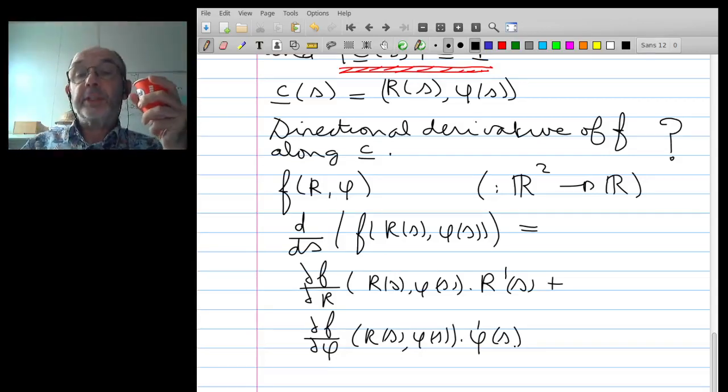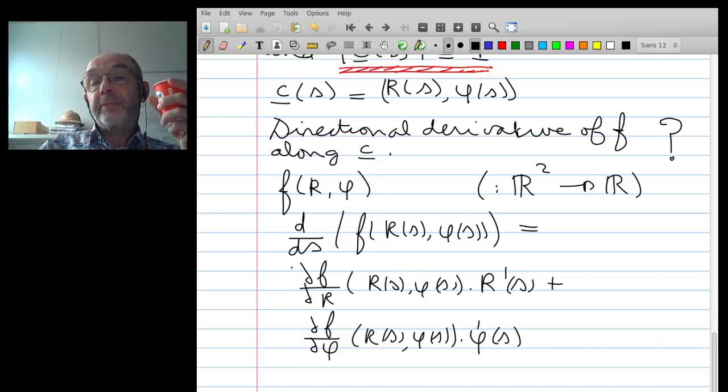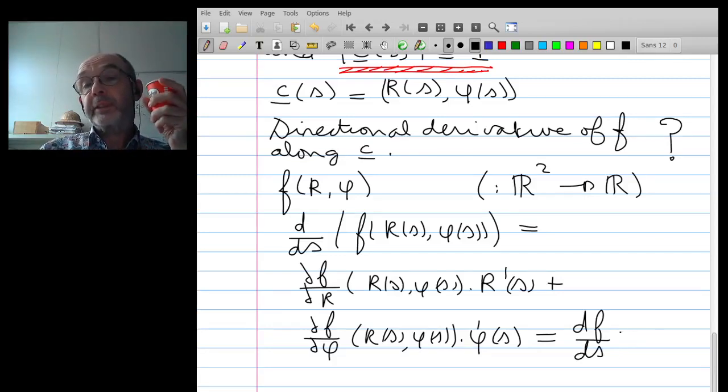So this is your df ds, your derivative of f in that point along the curve.